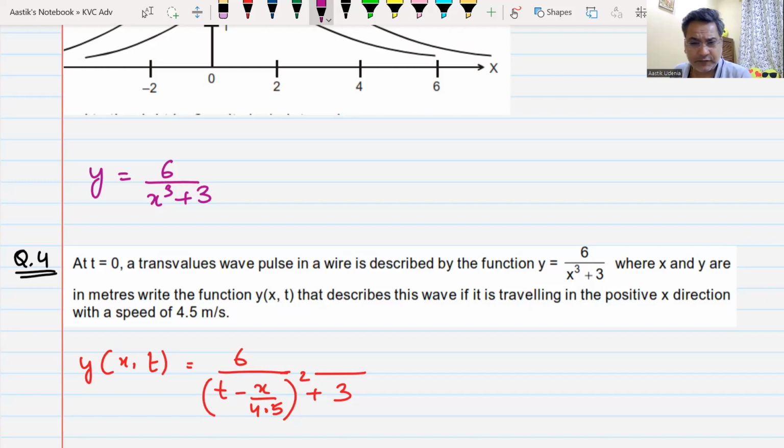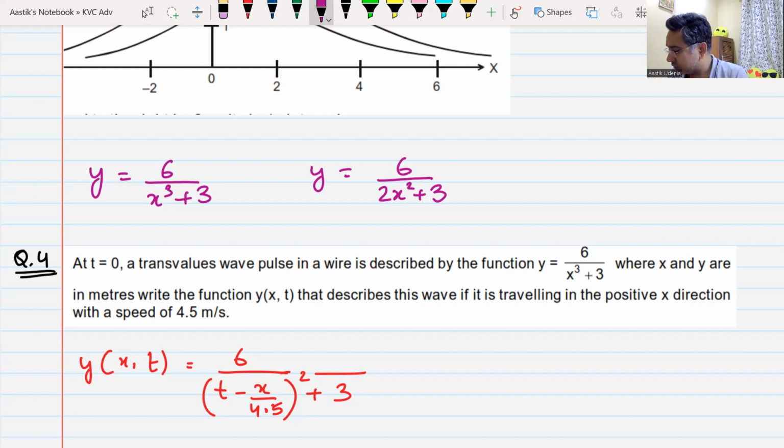so what difference does it make? Let's not make it a cube. You can take the example like this. You want to write it as 2x square plus 3. That is what you want to say.